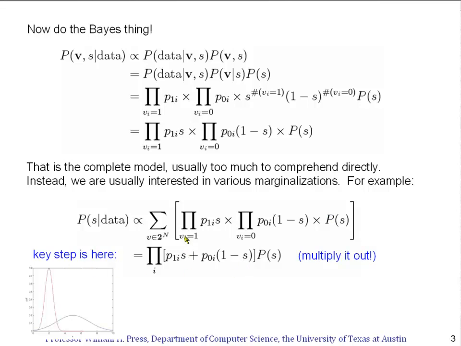The key step is that this whole sum is simply a sum over all the events, whether they're in Vi equals 1 or Vi equal to 0, of this linear thing, and then the P of S just comes through here. How can that be? Well, you have to conceptually multiply this out for all the events.